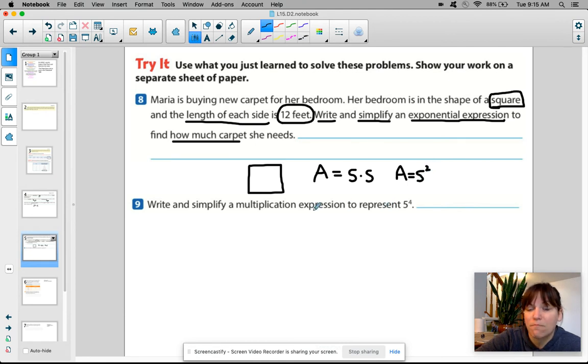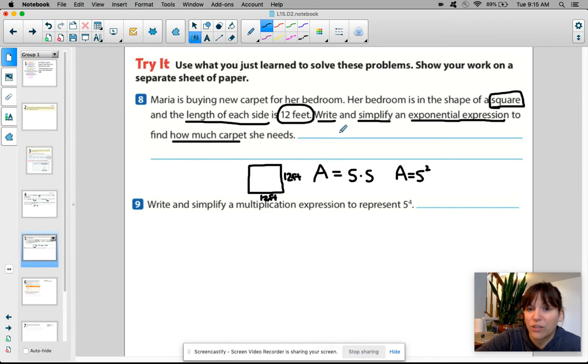And so we need the dimension. There's 12 feet on one side, and then there's 12 feet on the other. Make sure you are including your units whenever you're dealing with area. So we have 12 feet on this side of the square, and then we have 12 feet on the other side.